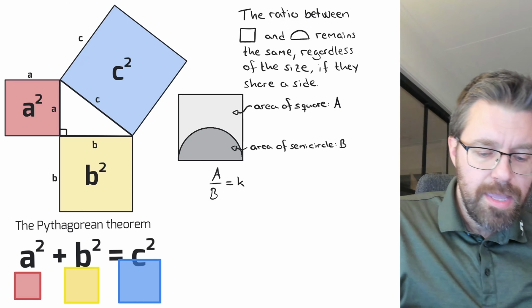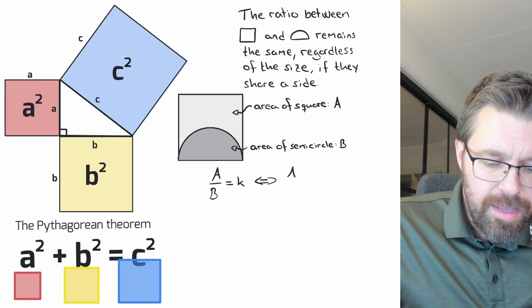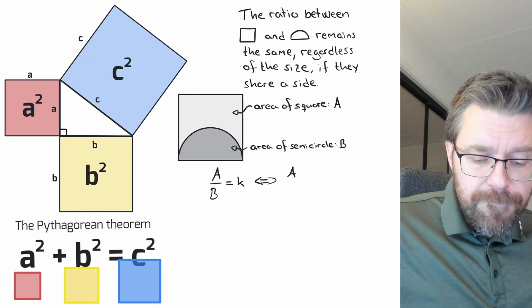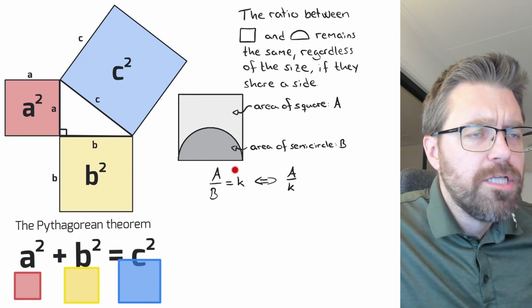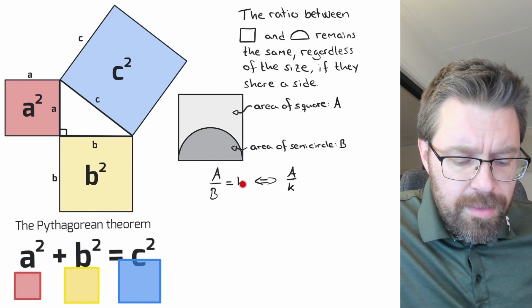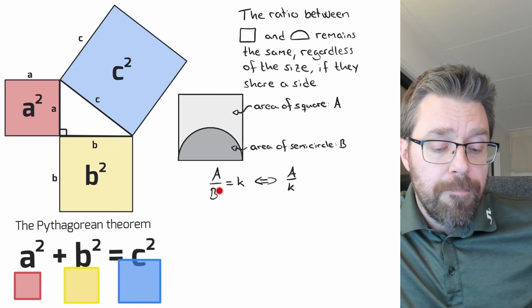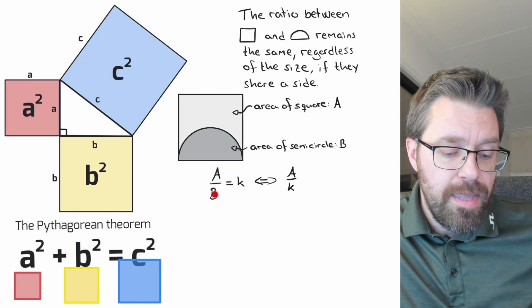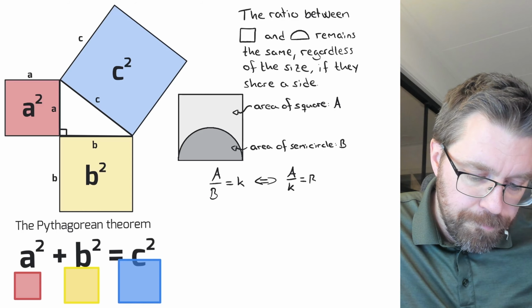And this can be rewritten. If you divide both sides of the equation by k, the k ends up in the denominator down here. And if you multiply both sides by B, B goes to the right side here.